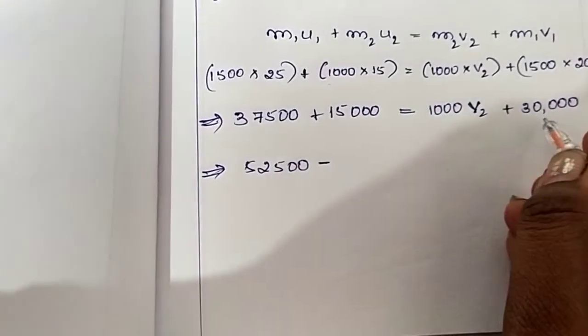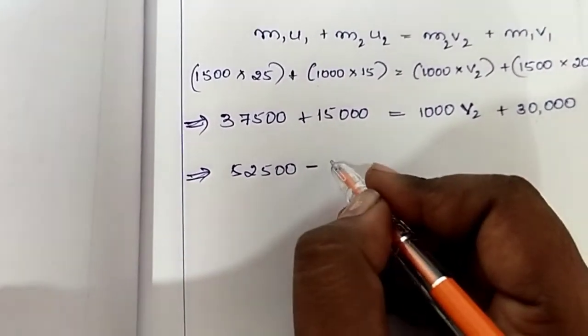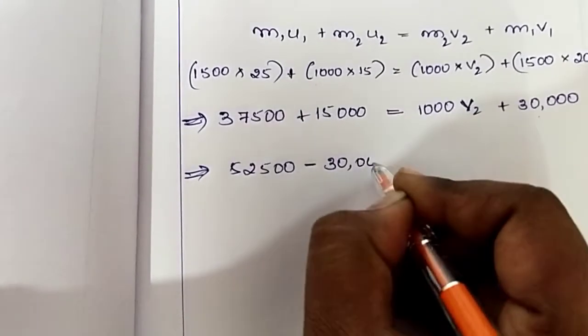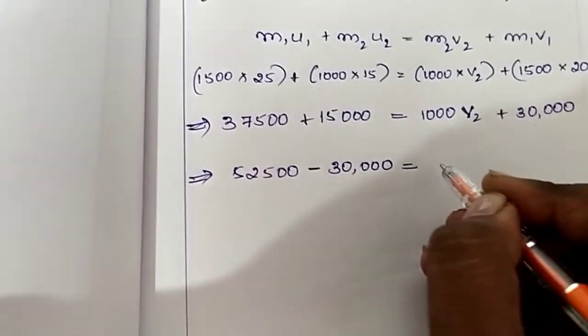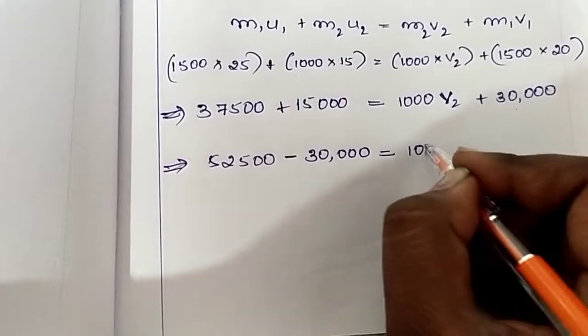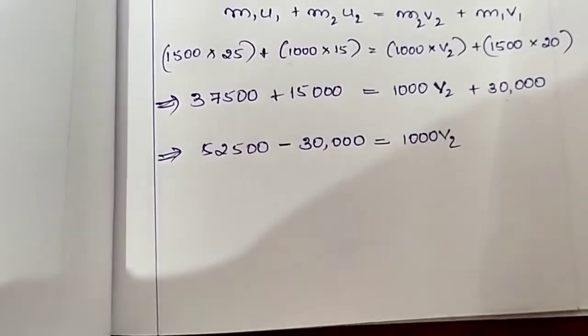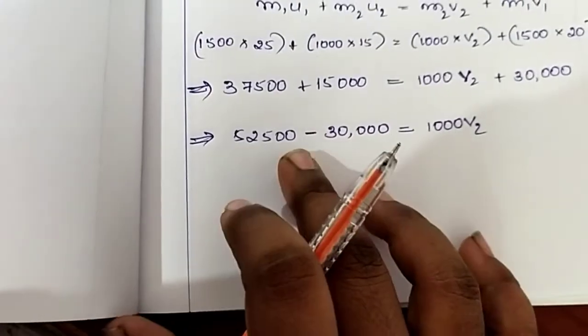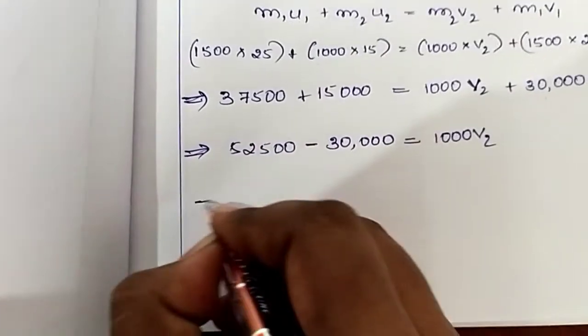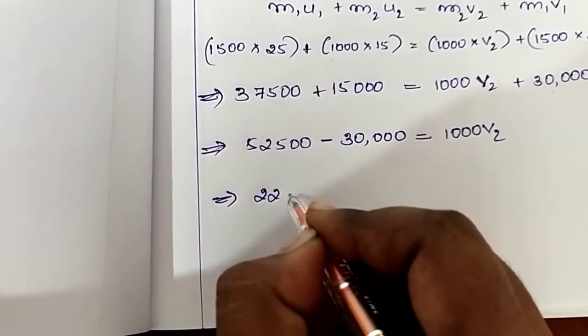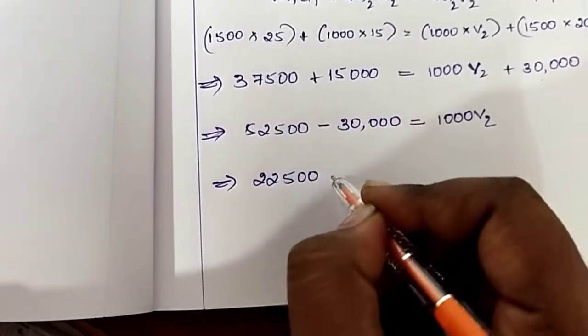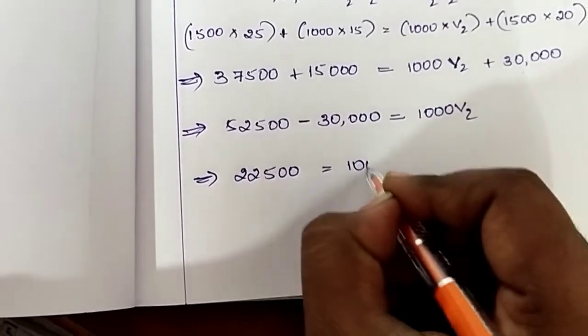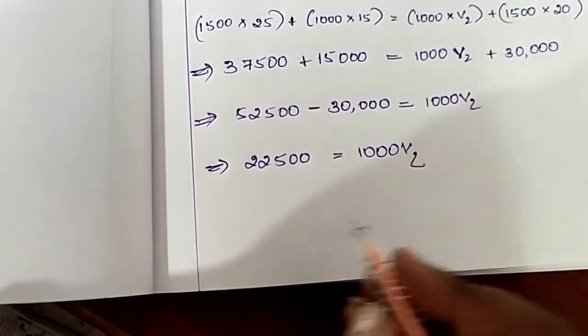Minus this 30,000, we are taking it over to this side. So 52,500 minus 30,000 gives 22,500, which is equal to 1000 V2.